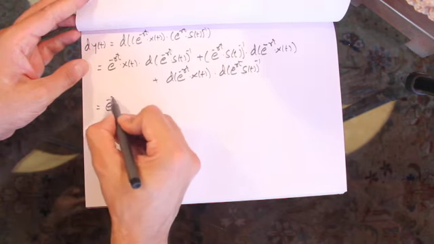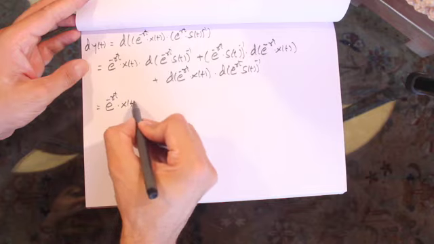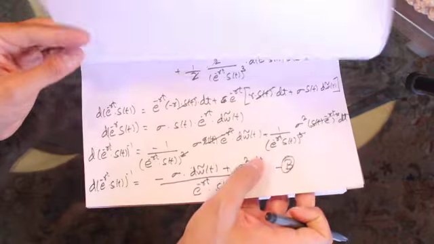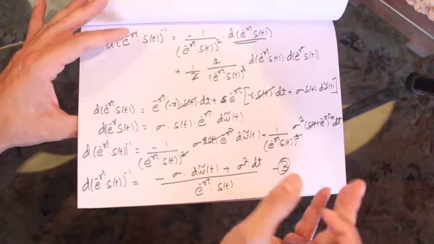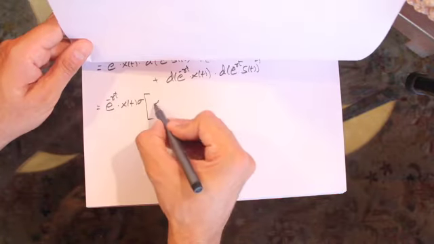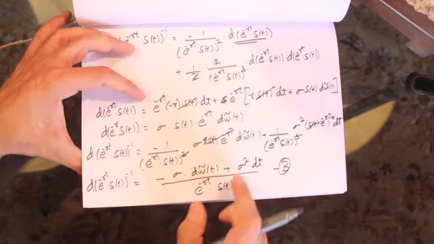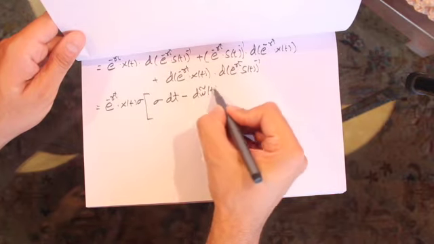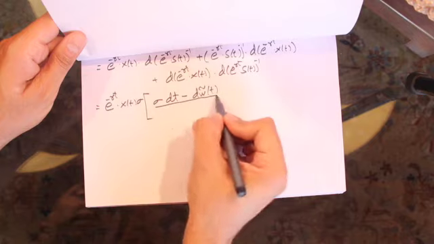For d of e to the power of minus RT s of t to the power of minus 1, I can use this result. There are sigmas on both sides, so I can take out one sigma here. I'll get sigma dt minus dW tilde t. That's my numerator.